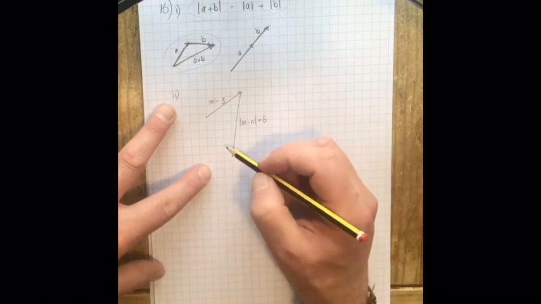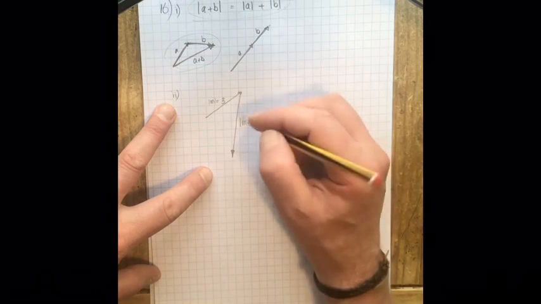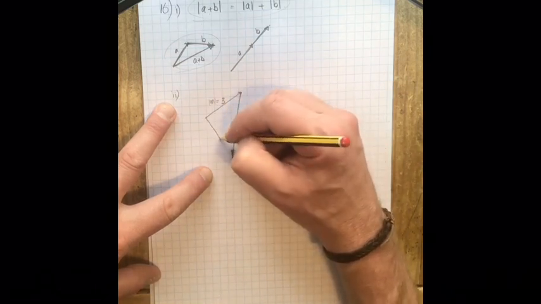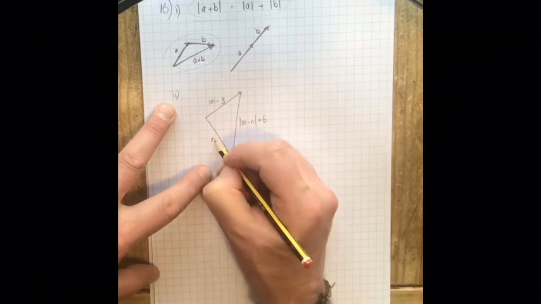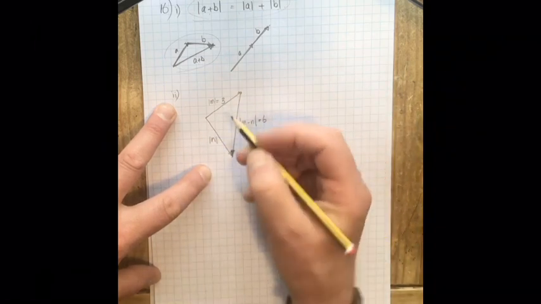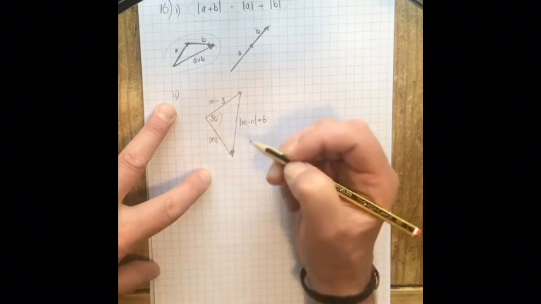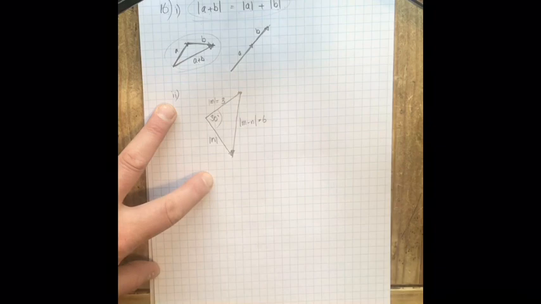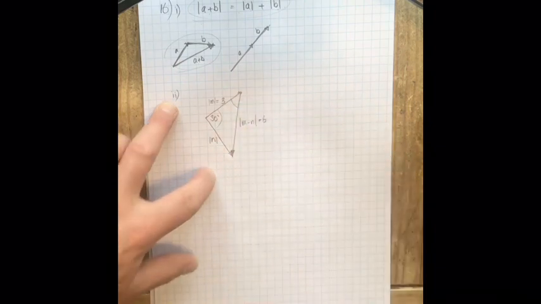We know the angle between m and n, so n is going to have to be there. So that's 30. We need the angle between m and m minus n. You need to find that one.